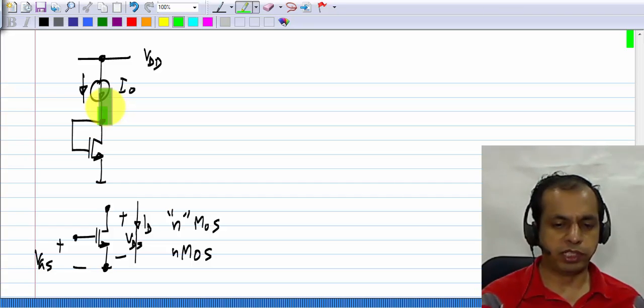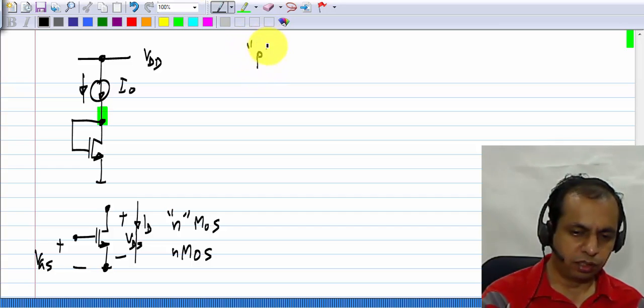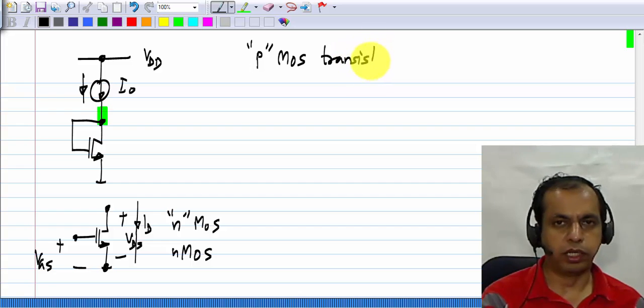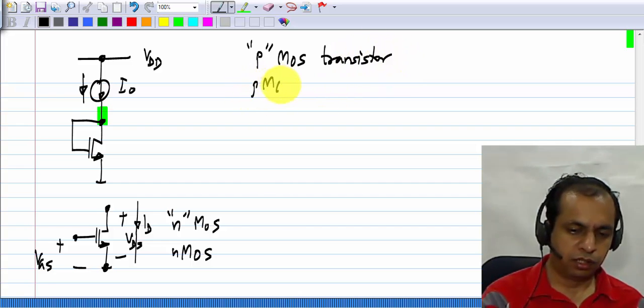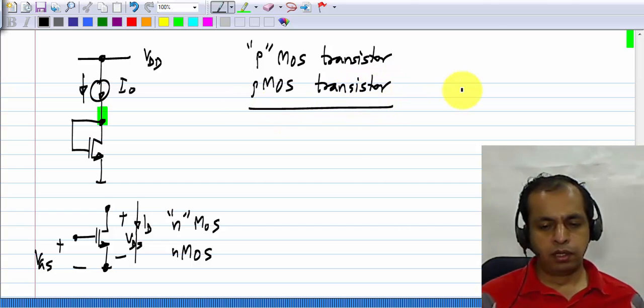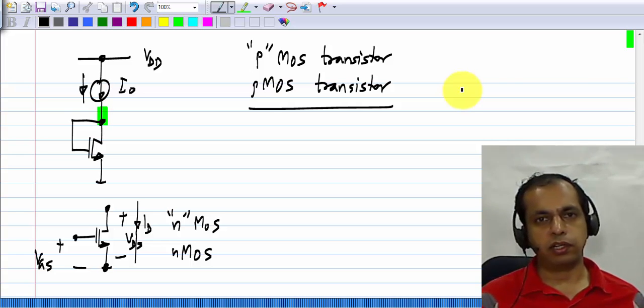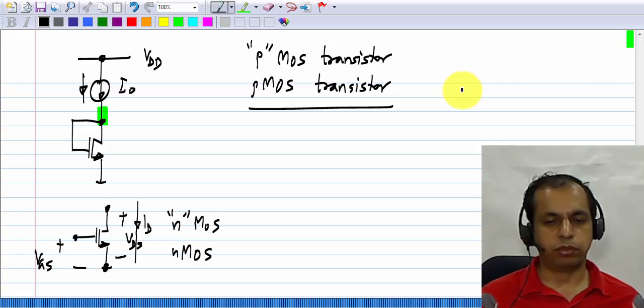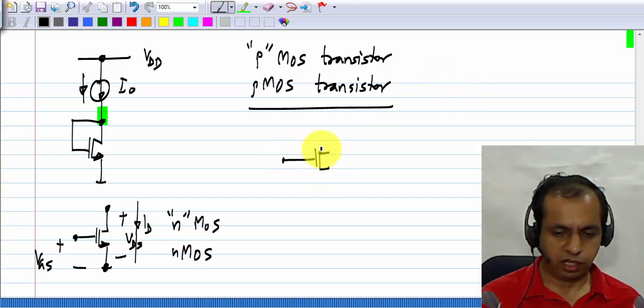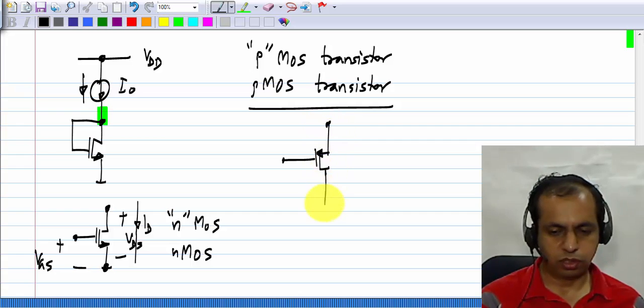But thanks to technology, we also have the complementary type of transistor, which is the P type of MOS transistor, and it's called the PMOS transistor. It turns out that this has exactly complementary characteristics to the NMOS transistor. It is denoted by this symbol, and I'll draw the source on top and the drain at the bottom.